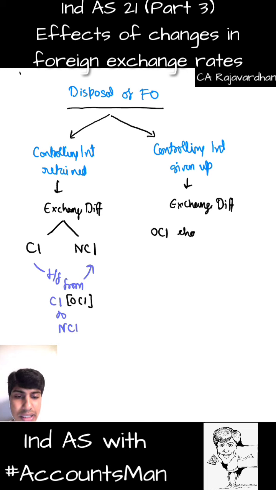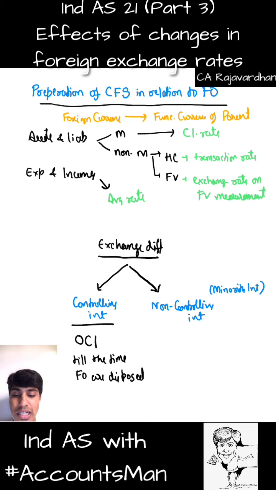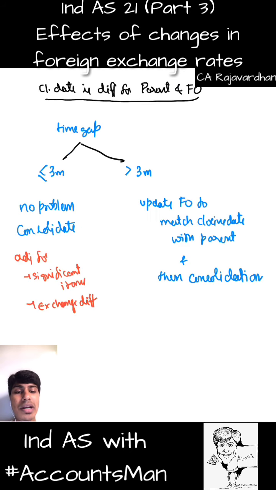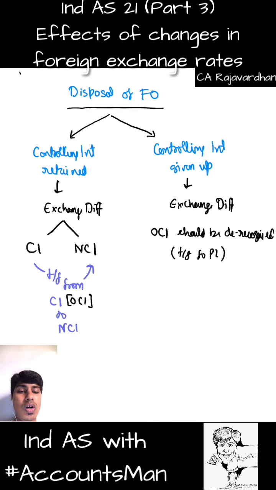OCI should be derecognized. What do you mean derecognized? Transfer to P&L. I had told you previously, a lot of times when we discussed, that exchange difference will be in OCI till the time the foreign operation is disposed. Whenever it is disposed, then it will go to my P&L. That's what I've been telling. Now it is disposed. So from OCI it will go to P&L.